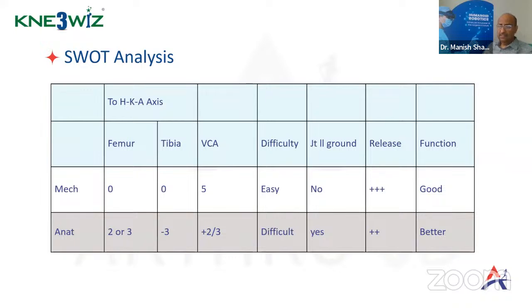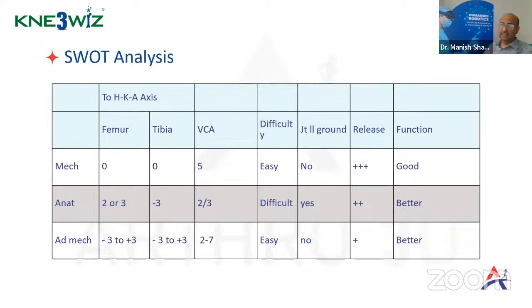The anatomic, we aim for femur in 2 to 3 degrees valgus, tibia in 3 degrees varus. It is slightly more difficult with conventional instruments. The joint line comes parallel to the ground in the gait phase. The amount of releases required are less, and the function is better.